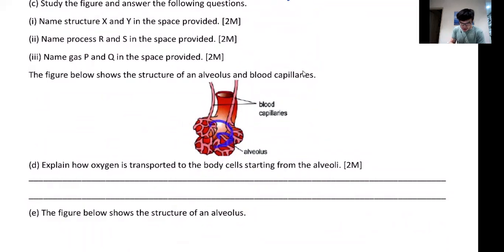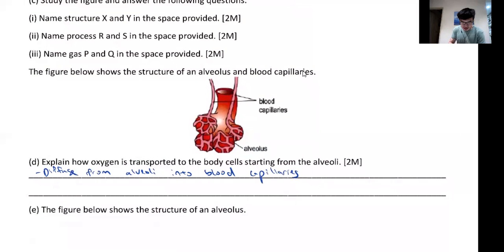Explain how oxygen is transported to the body cell starting from the alveoli. So starting from here, how does it transport to your body cell? It will diffuse from alveoli into blood capillaries. It will enter here.